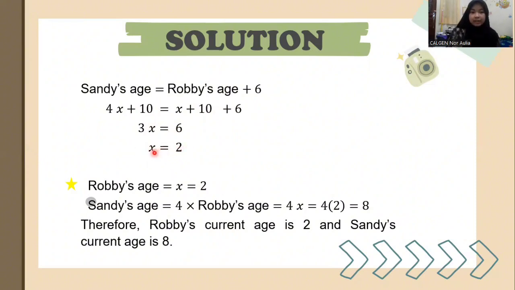The value of x equals 2. So Robbie's age equals 2. Sandy's age equals 4 times Robbie's age, 4 times 2, which is 8. Therefore, Robbie's current age is 2 and Sandy's current age is 8.